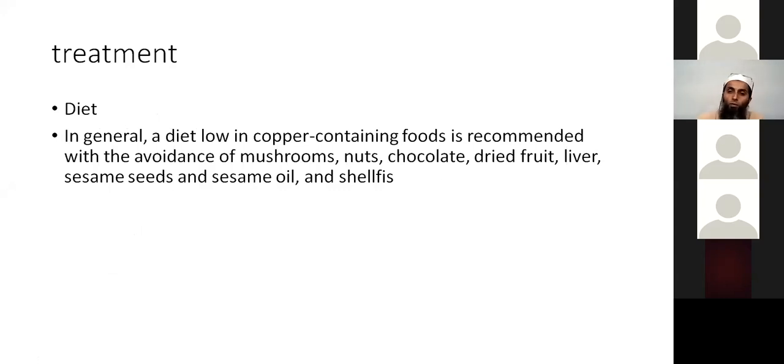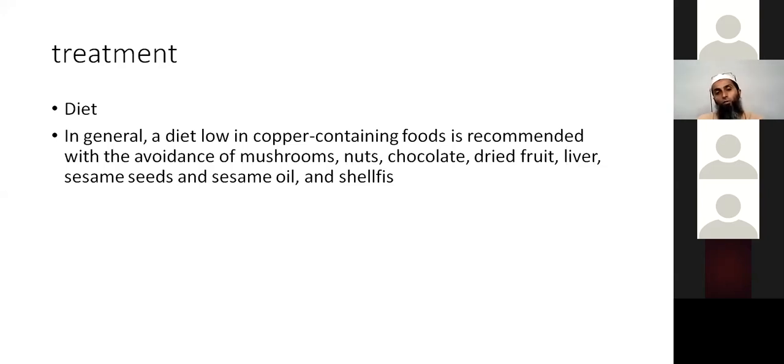So the first one is diet. You need to cut off dietary copper, so there is not much copper to bind in the gut. So there's not much intake from the gut, to keep the levels settled, so you need to reduce foods that contain copper, right?